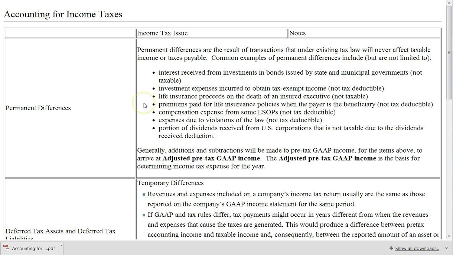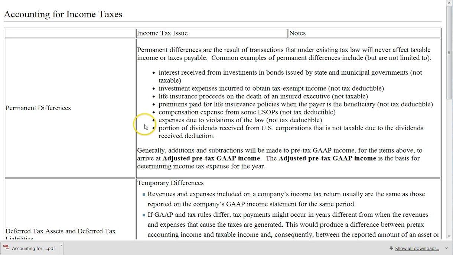So for example, last year or the year before, when Steve Jobs passed away at Apple, Apple, I'm sure, probably had a life insurance policy on him, and the proceeds from that life insurance policy are not taxable income. The premiums that they paid for that life insurance policy similarly would not be tax deductible.